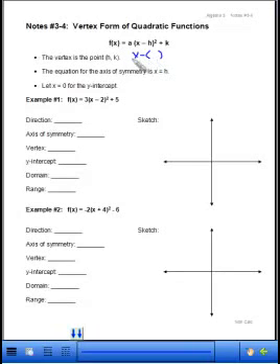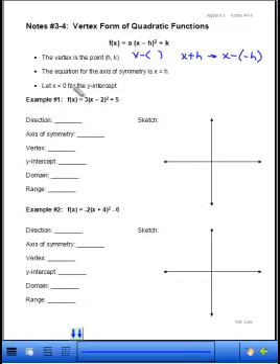If it looks like x plus h, that's the same as x minus a negative h. So if you have a plus in your parentheses with the x, your h is negative. It kind of looks like you're changing the sign, but you're really not, but you have to remember that.